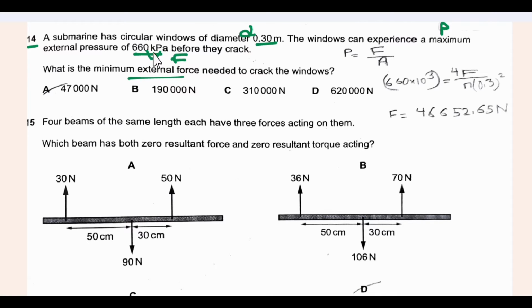We know the pressure, we know the diameter. So pressure is equal to force by area. By using the diameter we can find the area, and area is pi d square by 4. So by using this equation, the closest value that comes is 47,000, that is answer A.